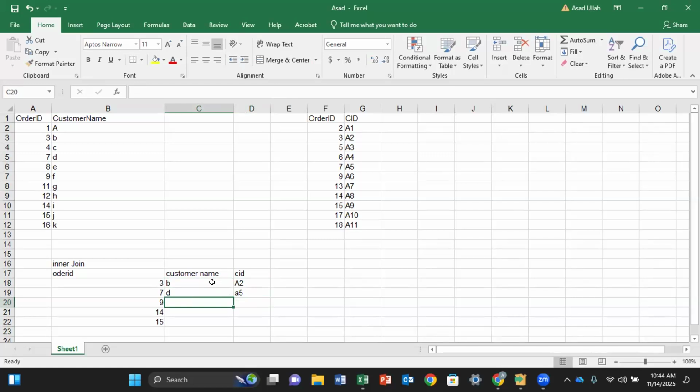Okay, so 9 F, A6. 11, 14, 14 is I. 15 is J. 15 is A9.